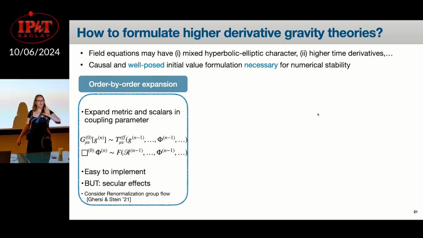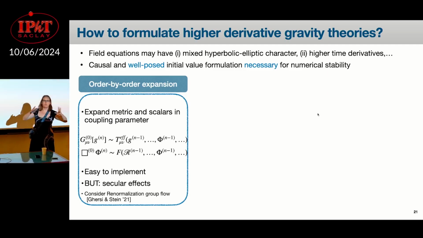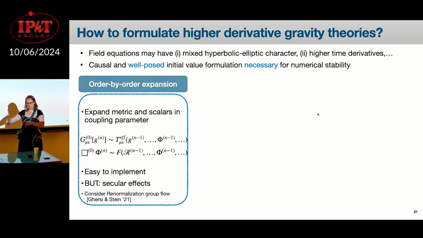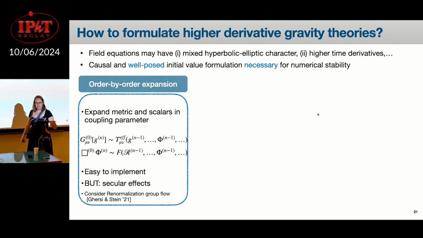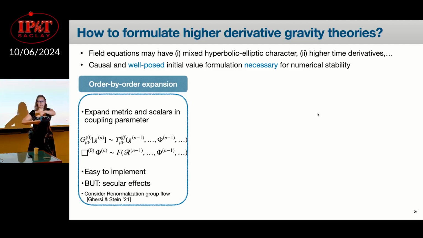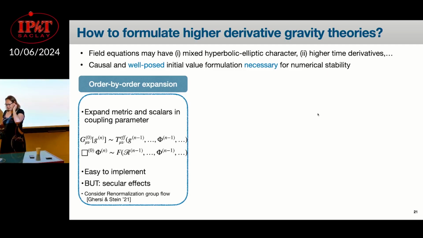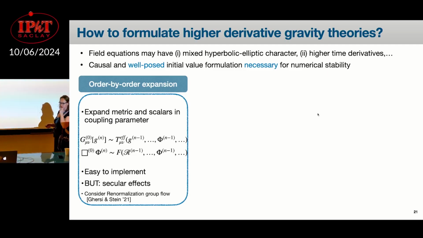What you get at each order in this expansion is essentially my Einstein tensor operator acting on the field at that order and source terms from lower orders. So this is nice and easy to implement. It's actually nice for stationary solutions, but as soon as you have a binary problem, you get secular effects that are non-physical and just an artifact of this expansion. So not ideal. It tells you something, but it's actually not great to use.